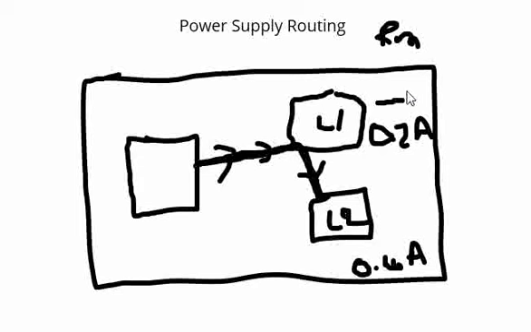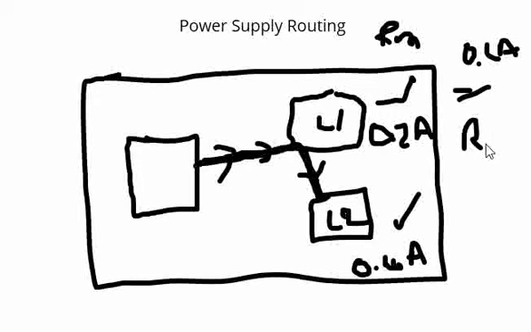If load 1 and load 2 are powered, the voltage that will be dropped across this trace because of the total current of 0.6 amps is Rm into 0.6.